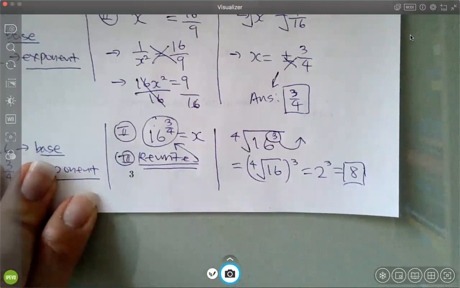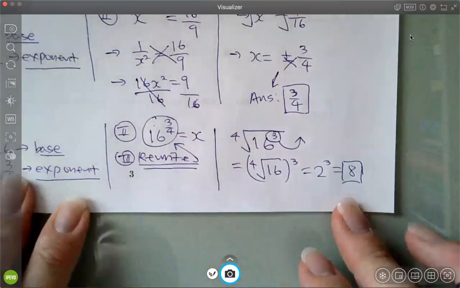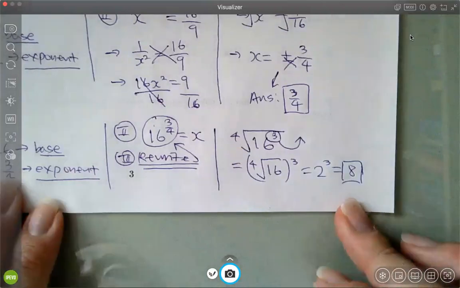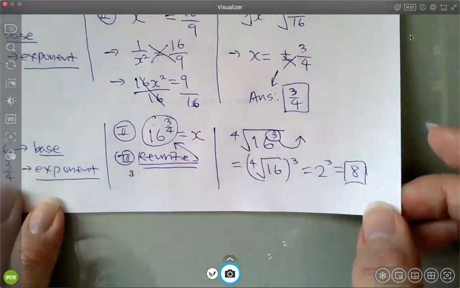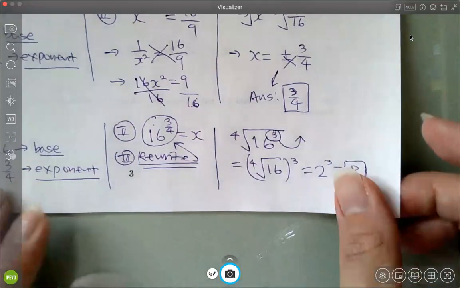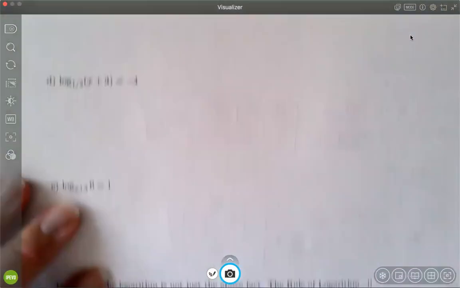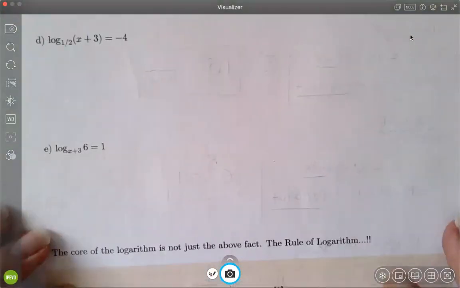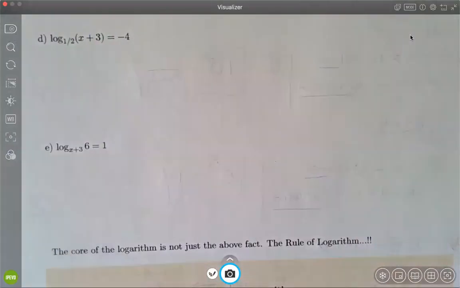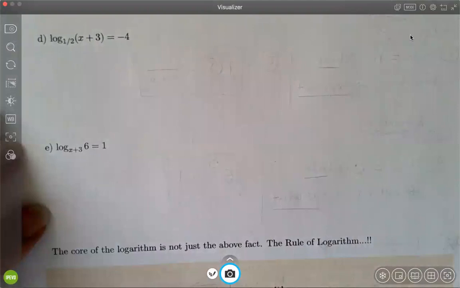Okay, so now we did the hard problems, and the 2 remaining problems are not too bad. On the next page, we have log base 1/2 of x plus 3 is equal to -4. Here, again, we convert.